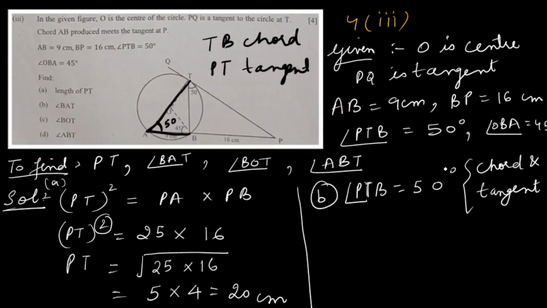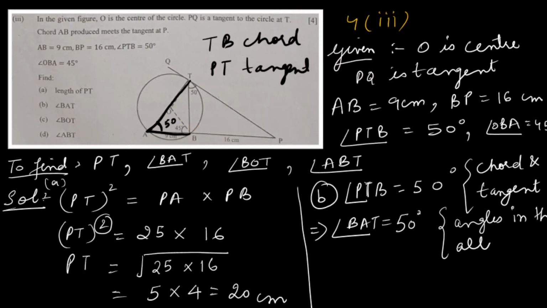So angle BAT is also equal to 50 degree. The reason you can mention is angles in the alternate segment are equal.